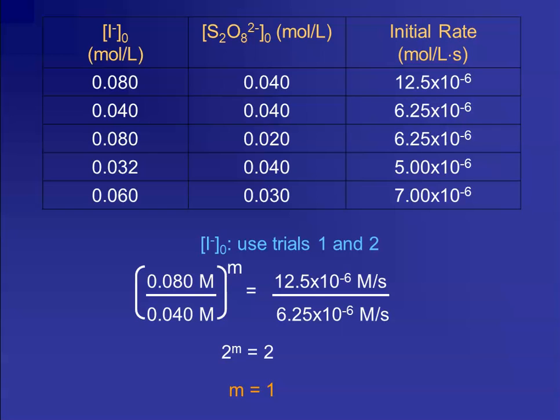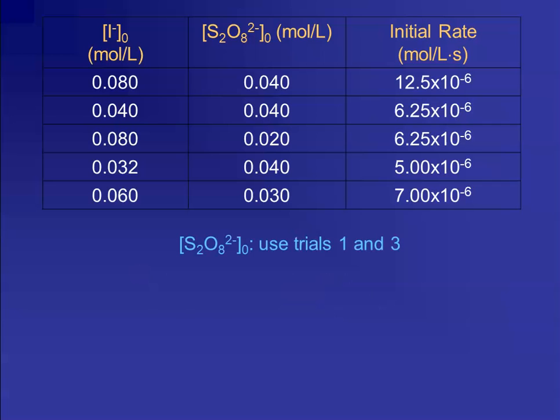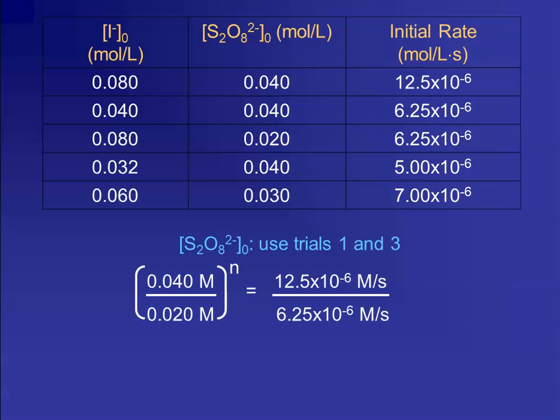I do think, however, experiments 1 and 3 are going to allow us to explore S2O8 2 minus's impact on the rate of our reaction. It's changing there while I minus is staying constant. So when I compare those two quantities to one another, I get that the order with respect to S2O8 2 minus is going to be 1.